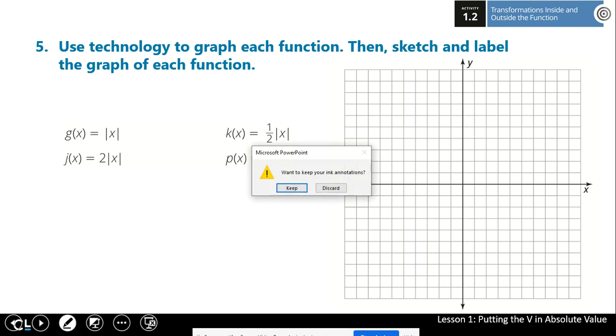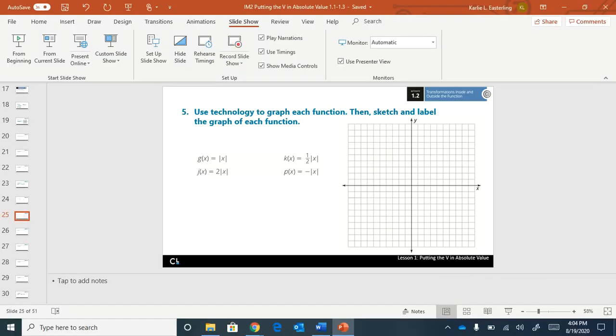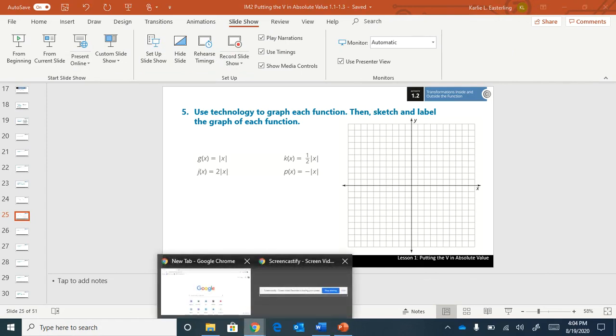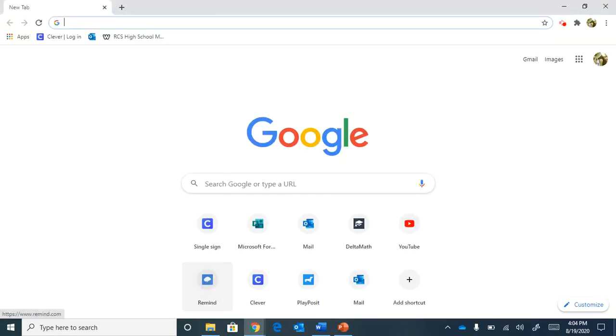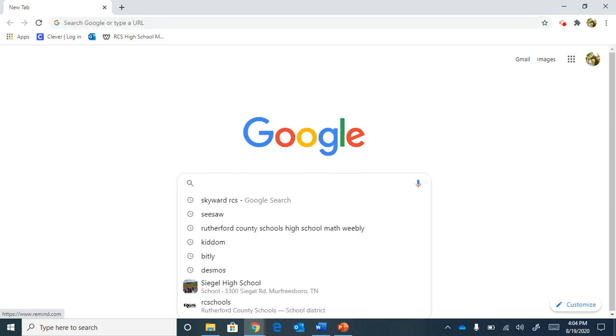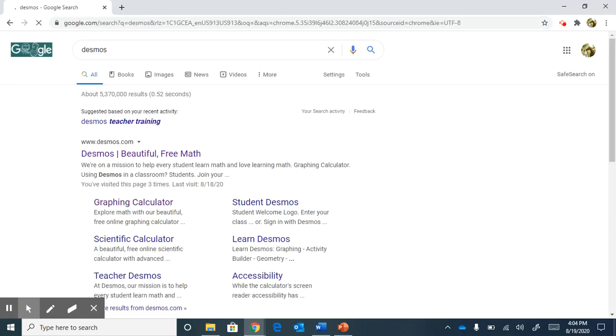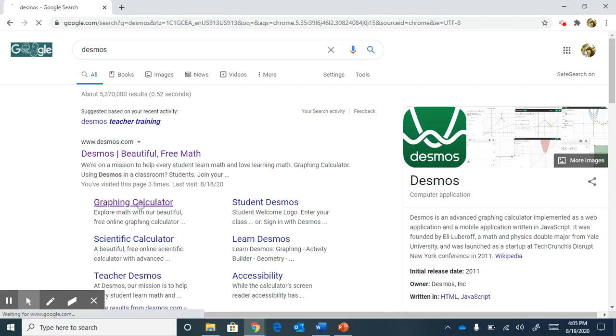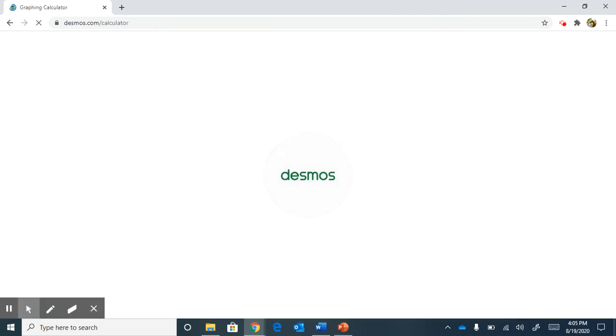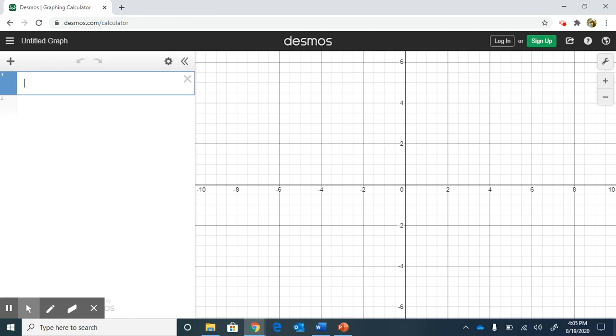So let's get out of here. We're going to discard those for now. Let's go into Desmos. Go to that graphing calculator. I'm going to flip my keyboard out as well. So we had f of x equaled, and you type ABS for absolute value.